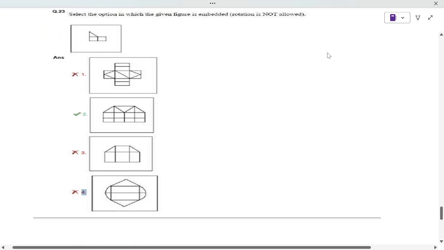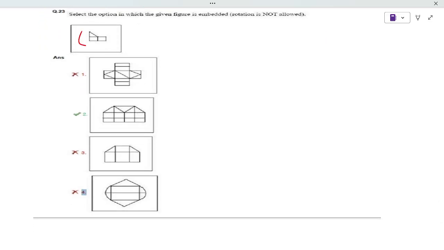Next one, the figures. It's very easy. We need something like this, right?